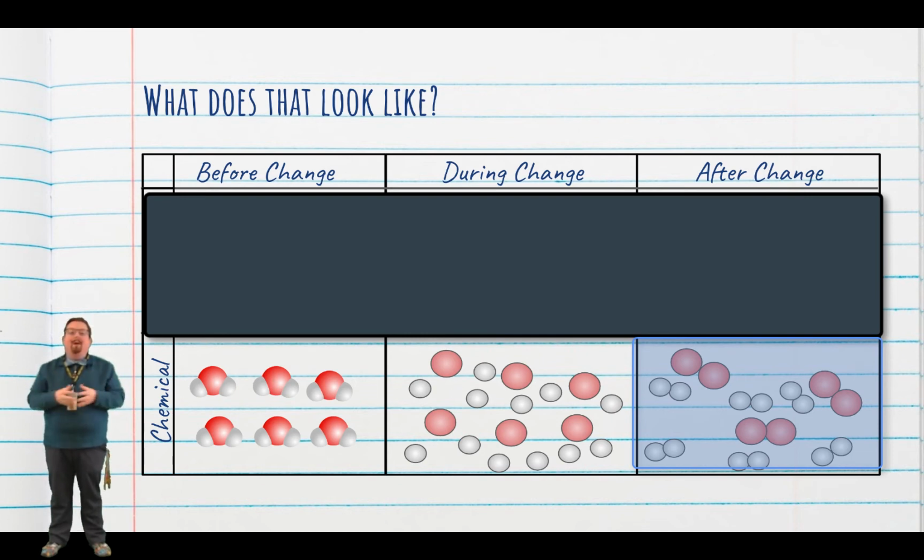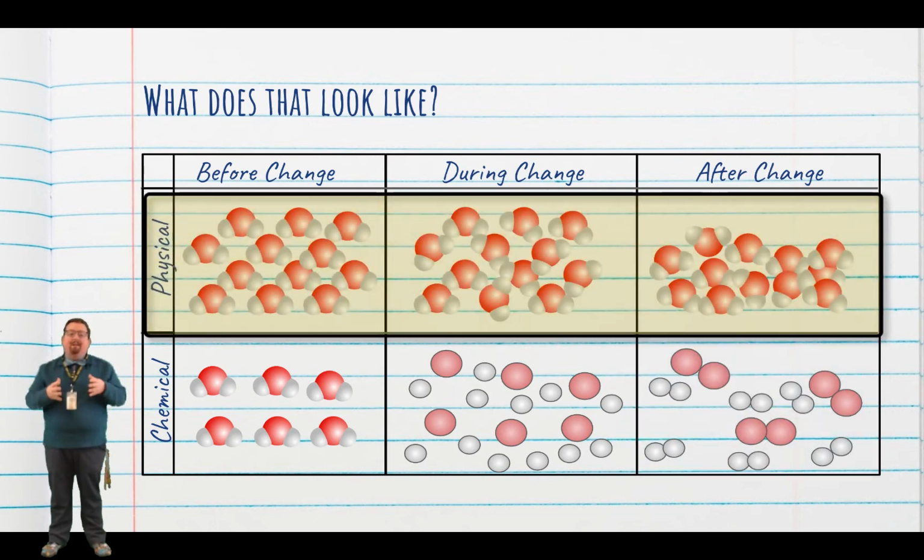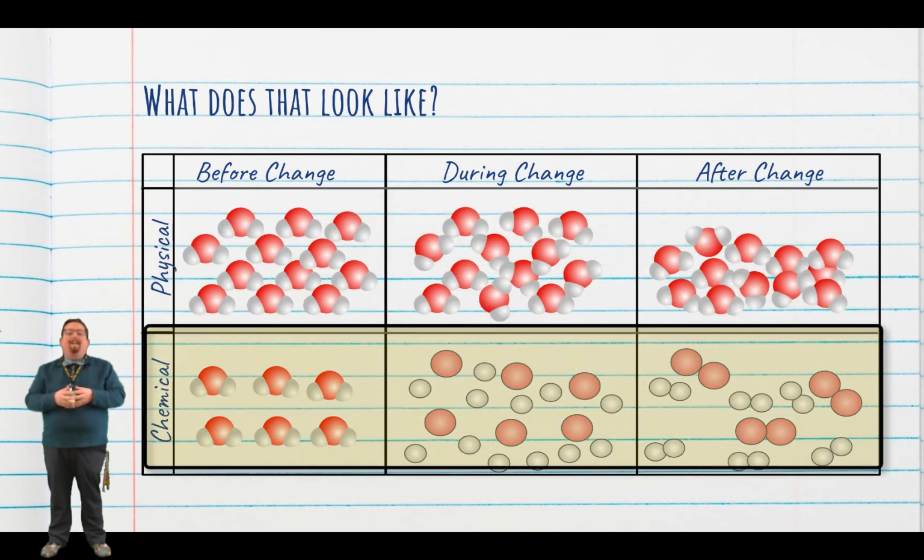We break up into 6 atoms of oxygen and 12 atoms of hydrogen, and they reform new bonds, creating 3 molecules of O2 and 6 molecules of H2. So in the physical change, we started with water molecules, we ended with water molecules. In the chemical change, we started with water molecules, but we ended with hydrogen and oxygen molecules. So a new substance was formed.